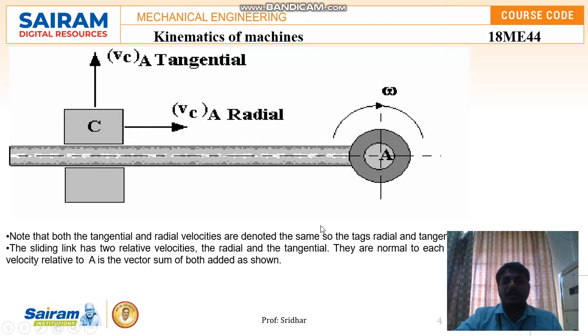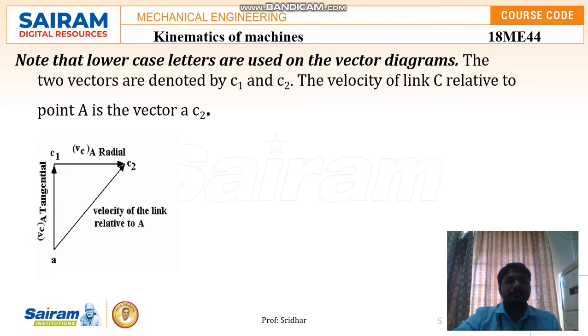They are normal to each other, and the true velocity relative to A is the vector sum of both velocities, as shown in this figure, the vector of the tangential and the vector of the radial.